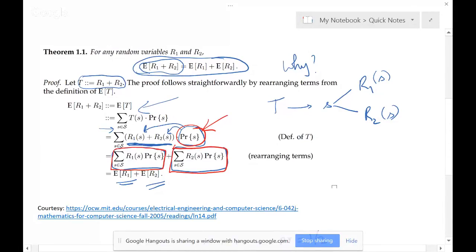Okay, in summation. So they could be dependent. For example, if I know that R1 takes +1, I may know that R2 takes -1. But when you look at these red boxes that I've drawn, they are not based on individual values that one or the other takes. It's a summation over all possibilities, and so the dependencies get removed.